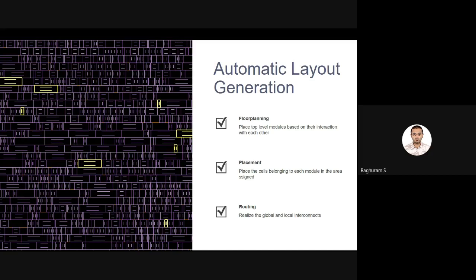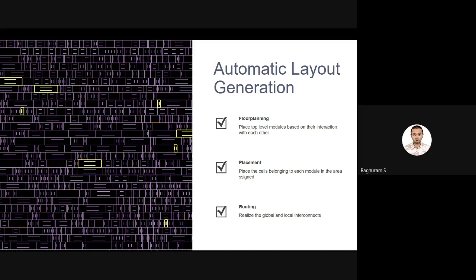And once that is done, the next step is placement, meaning I have an arithmetic logic unit sitting in one corner of the integrated circuit. The arithmetic logic unit is composed of many cells or gates from the standard cell library. So now I actually have to find a position, find a place for them, along with the direction. Is it pointing upwards?